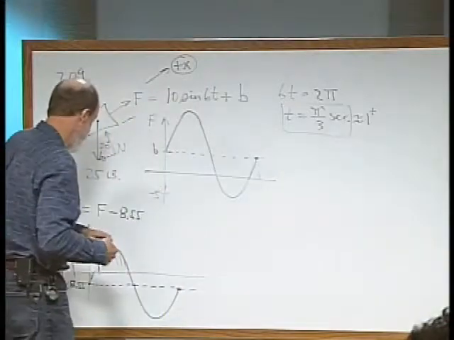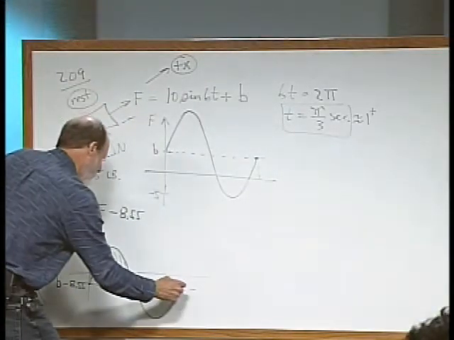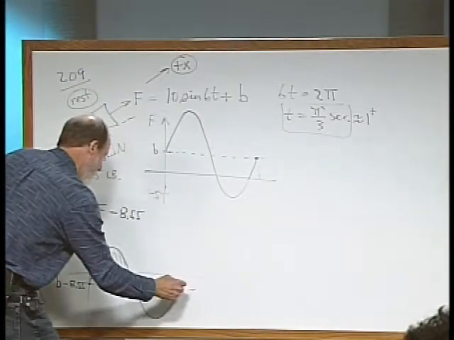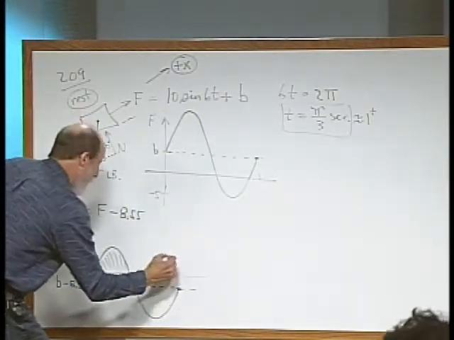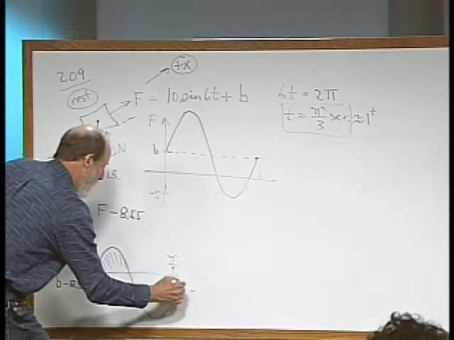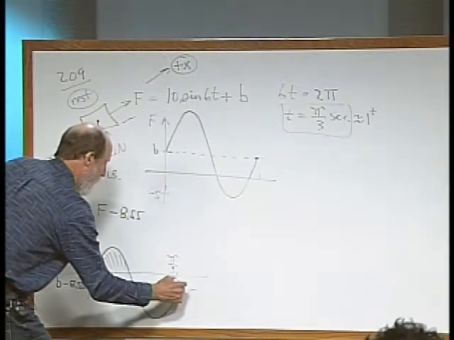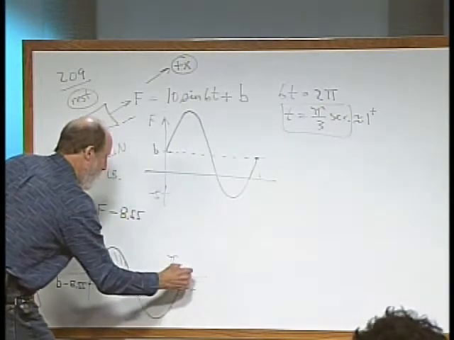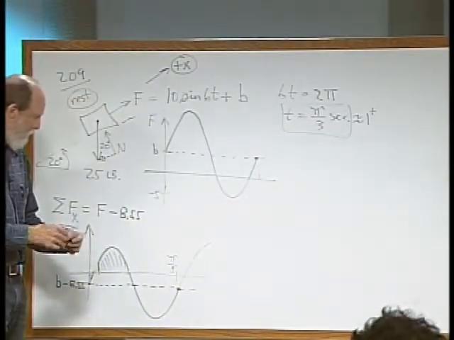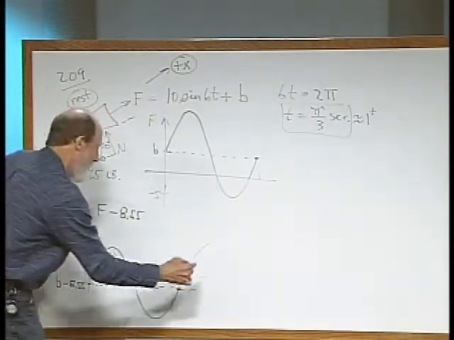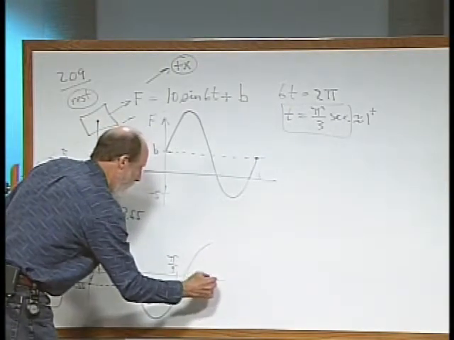So we need to carry this impulse function out further, because the period right here is pi over 3 seconds. So we actually have to carry this thing further until we get to wherever 1.5 seconds is.